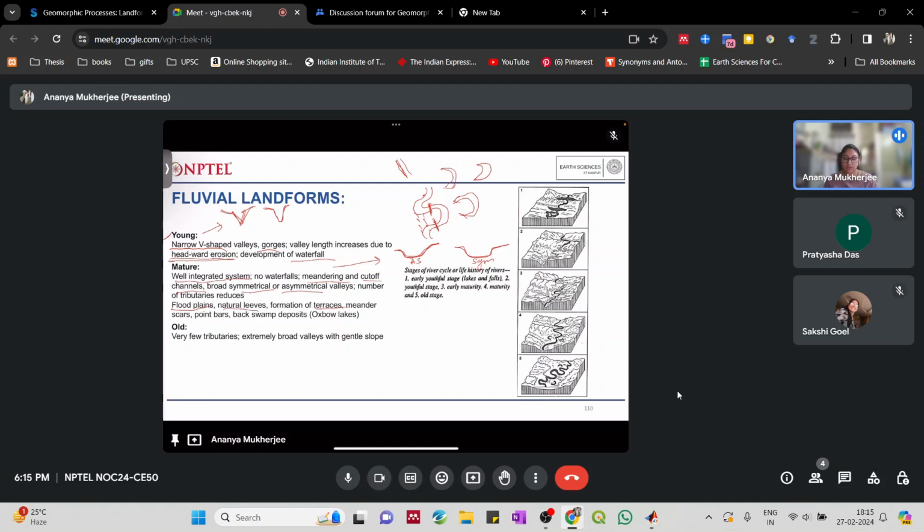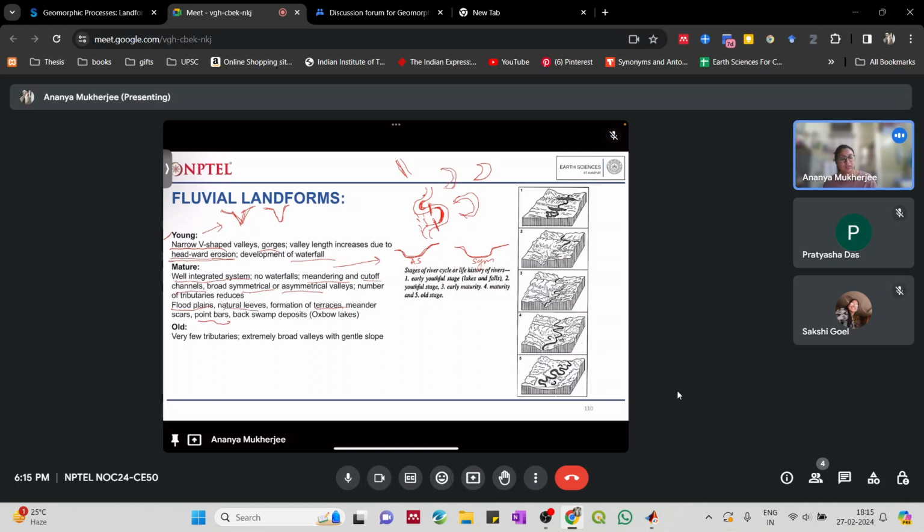So then you have point bars, which are important. Point bars are usually depositions which start at the inner corners of the meanders. So the river starts depositing the sediment load in the inner corners of the meanders.